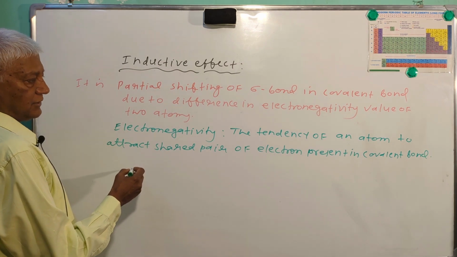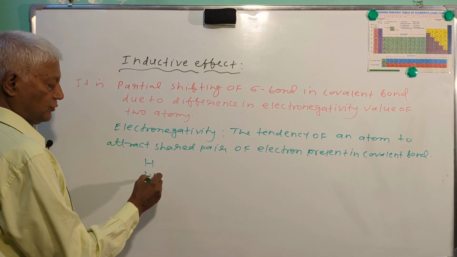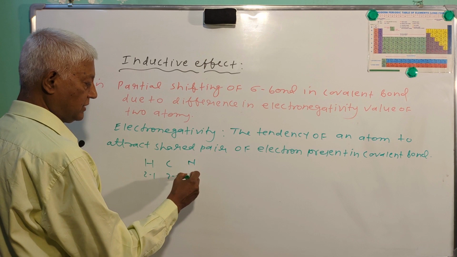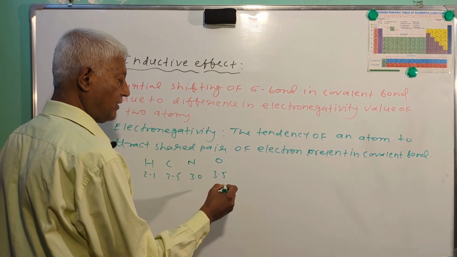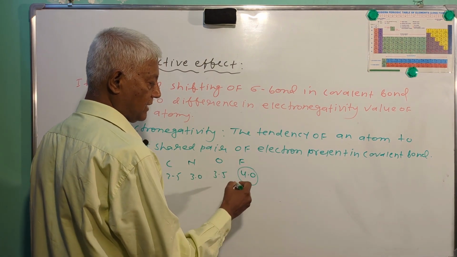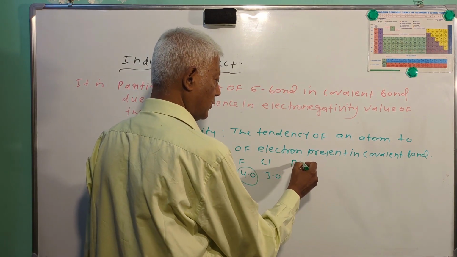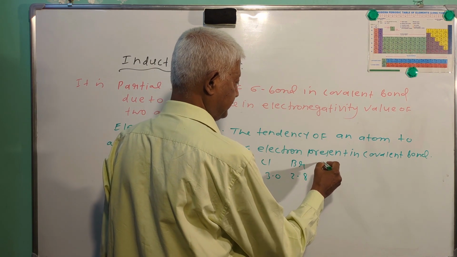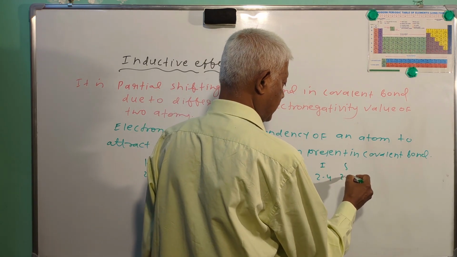When you talk about electronegativity, hydrogen has 2.1, carbon has 2.5, nitrogen has 3.0, oxygen has 3.5, fluorine has the maximum, 4.0. Chlorine has 3.0, bromine has 2.8, iodine has about 2.4, and sulfur has 2.5.